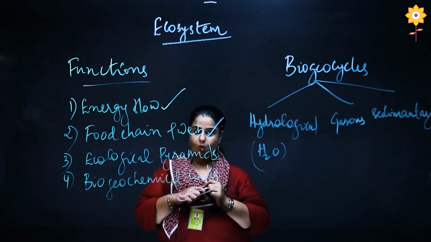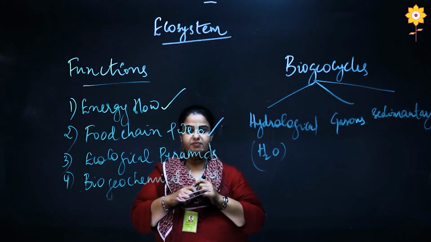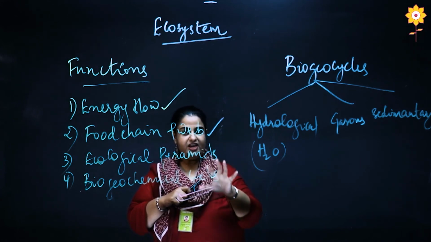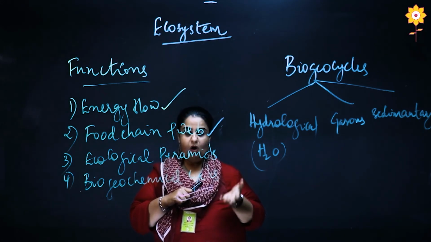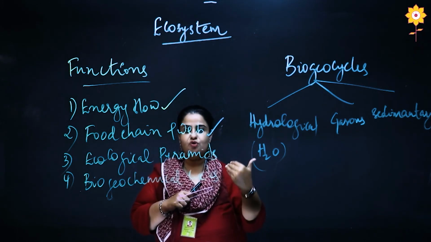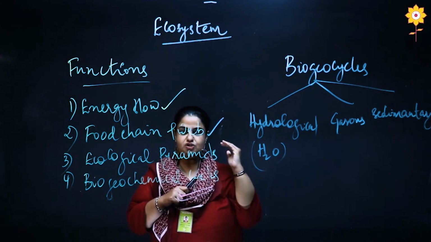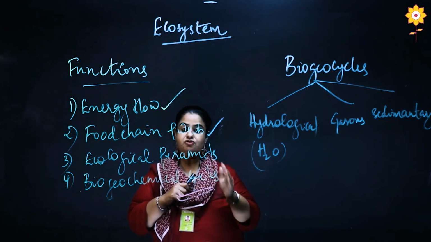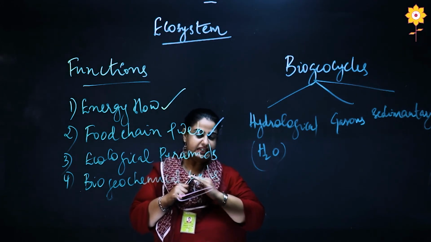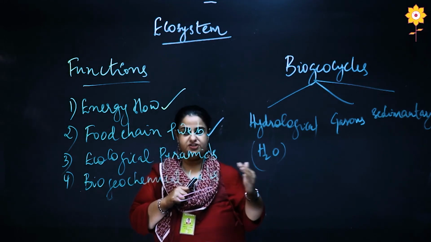So, one thing that we all need to remember is ecosystem is very much functional and it will help life to sustain on earth only with the cooperation of human beings. We need to protect ecosystems, we need to protect environment for life to be maintained on this planet for years to come.